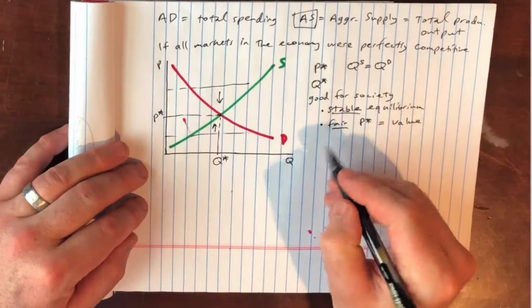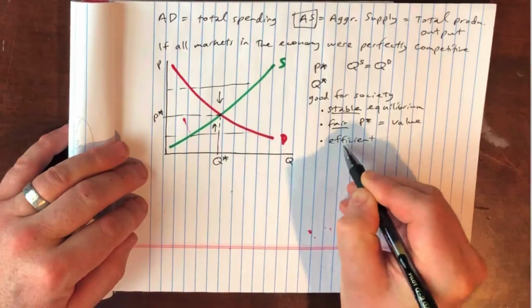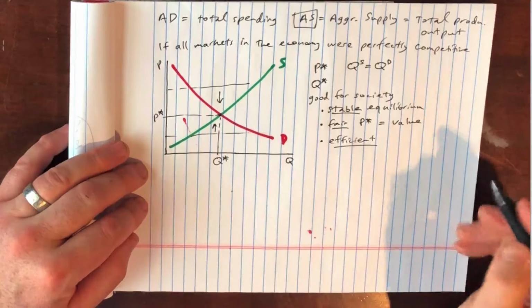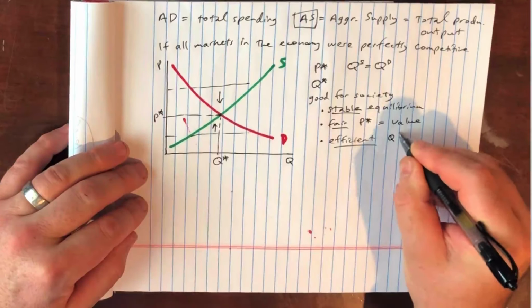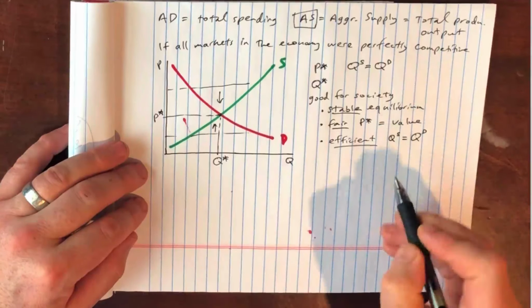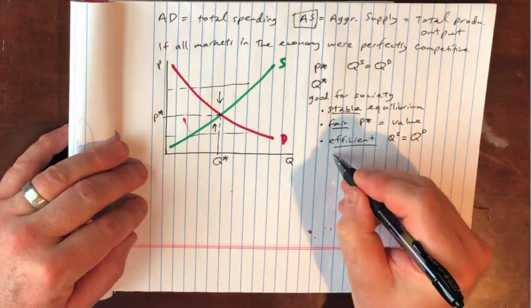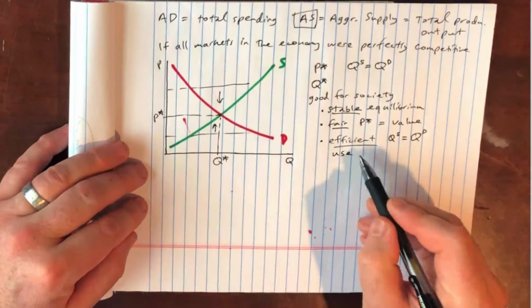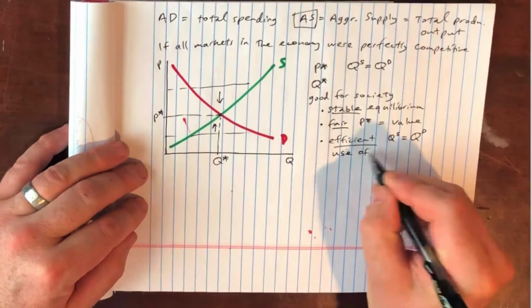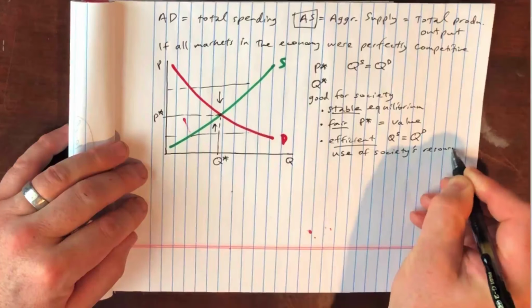So stable, fair, and also, very important, the argument is that this is efficient. This hinges on the argument that at this price, the quantity supplied is exactly equal to the quantity demanded. And so on a resource level, we are making an efficient use of society's resources.